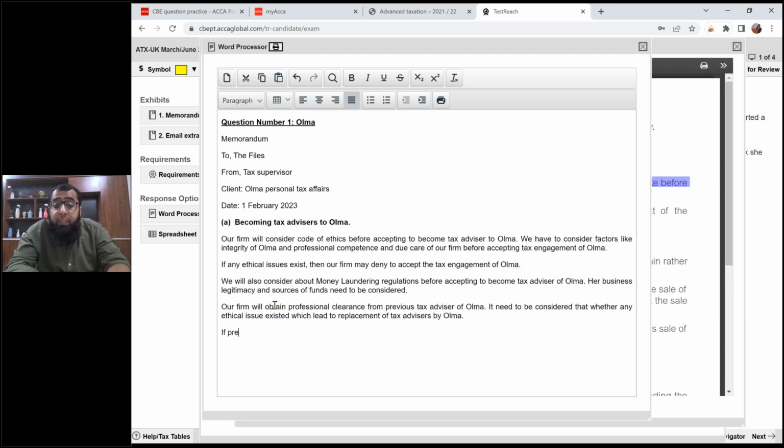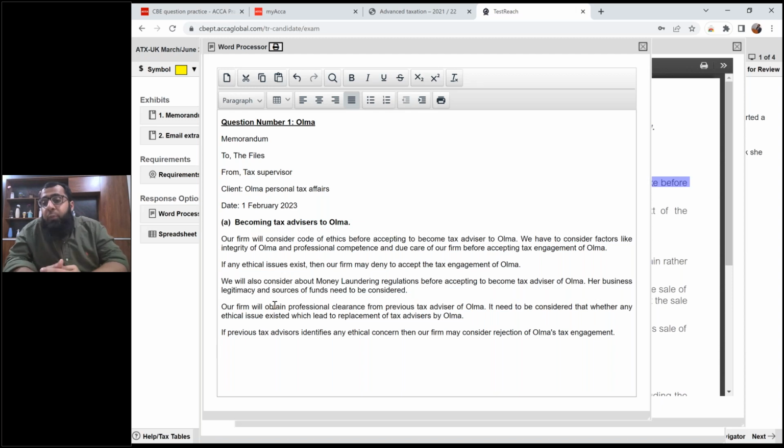Okay, if the previous tax advisor identifies any ethical concern, then our firm may consider rejection of Alma's tax engagement. See, the correspondence with the previous tax advisor, which we referred to as the professional clearance.